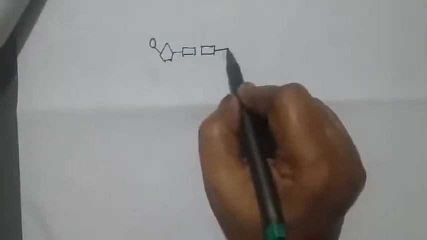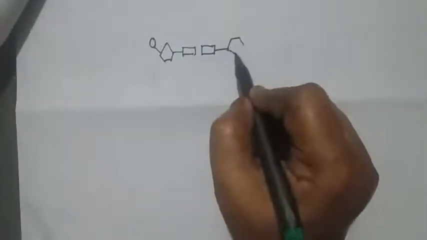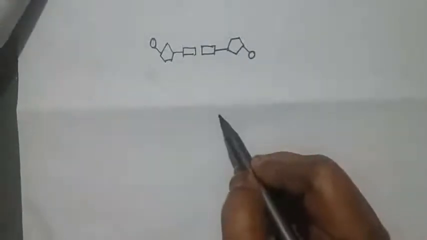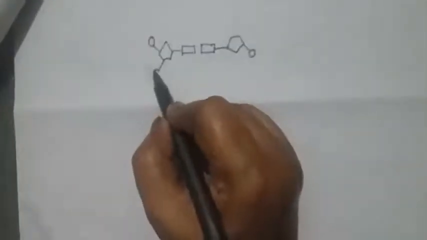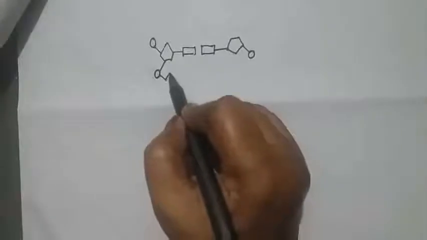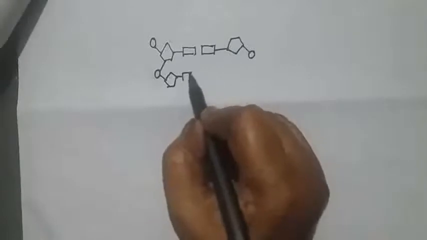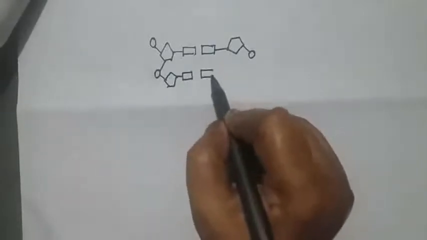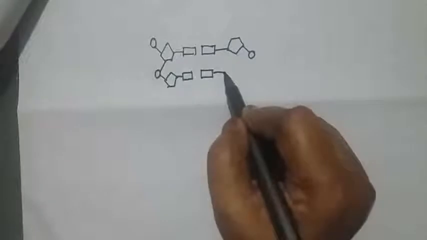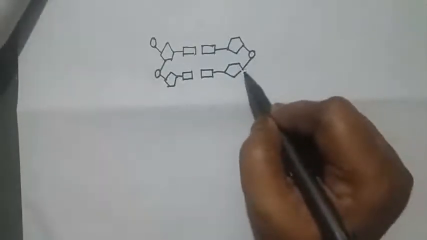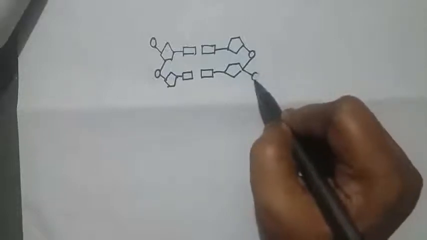Again you have one more nitrogenous base on the other, followed by one more pentose sugar and one phosphate radical. Right? Moving on to one more phosphate radical, then pentose sugar, then you have one nitrogenous base, one more nitrogenous base, a pentose sugar which is attached to the phosphate, and one more phosphate on the other side.